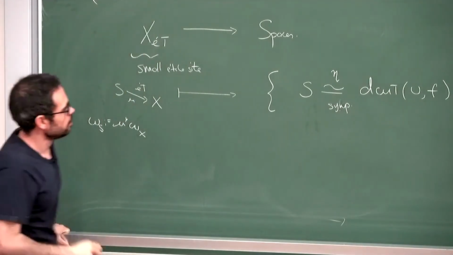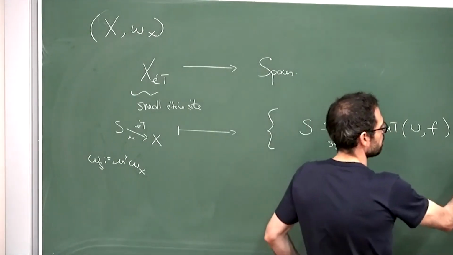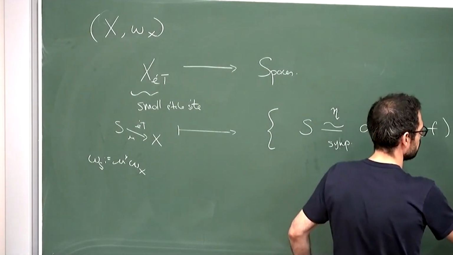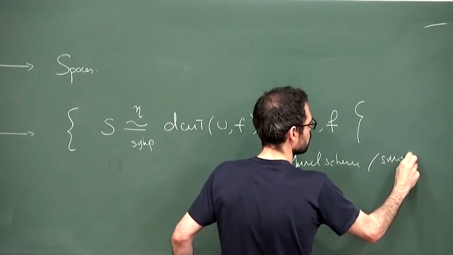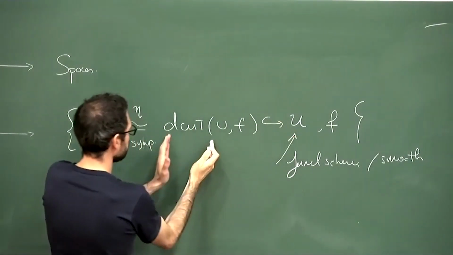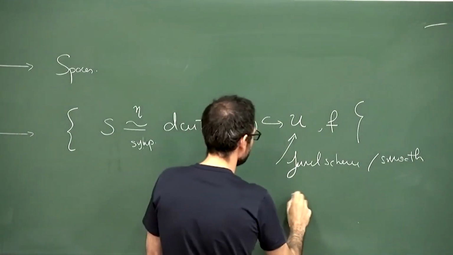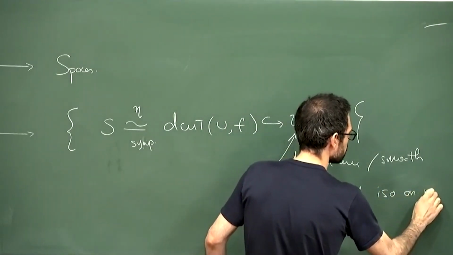Okay? So what we're going to do to make this a functor is to assume that X is a formal scheme, smooth. And we assume also, so there is always an embedding of the critical points inside the ambient space. We will assume that this embedding is an isomorphism on reduced subschemes.